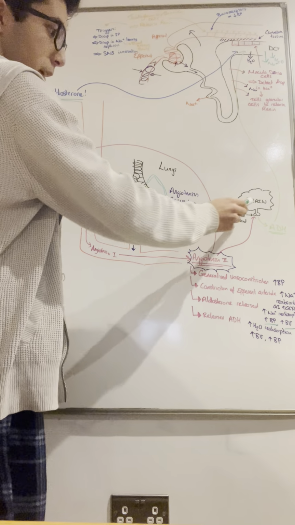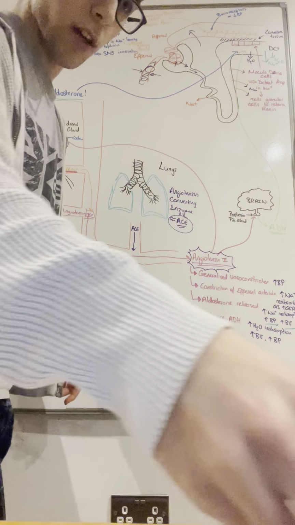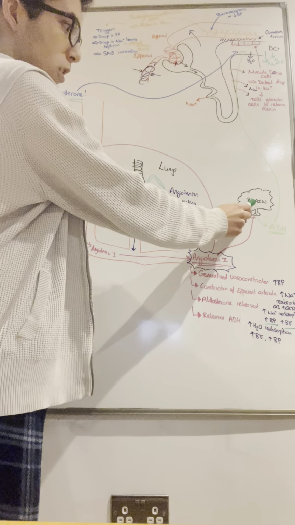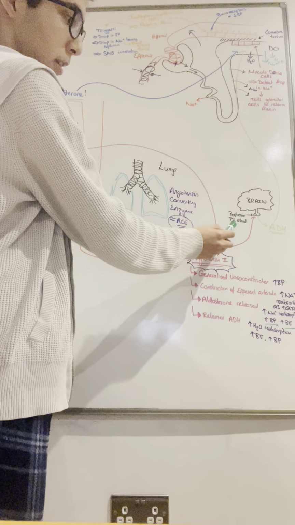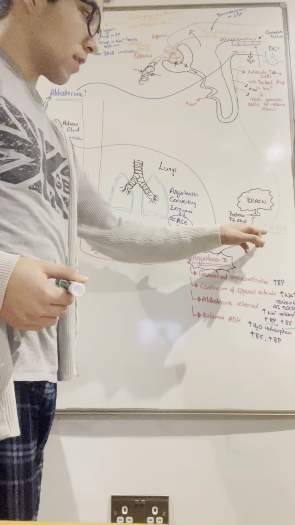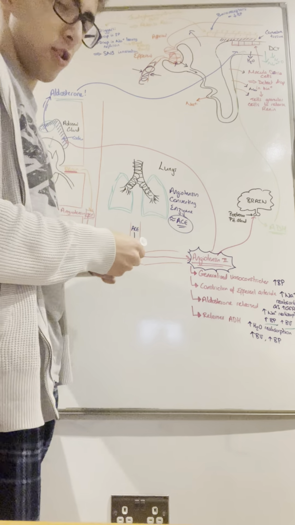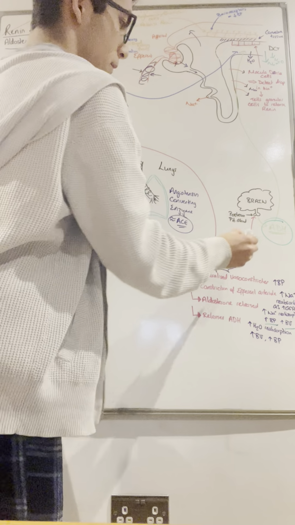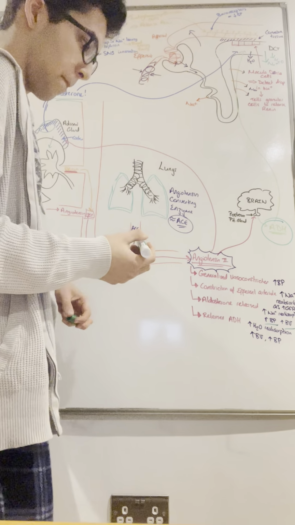Okay. Where else does the angiotensin go to? It goes to our brain. Okay. So when it goes to our brain, specifically our posterior pituitary gland, it stimulates ADH to be secreted. So we know what ADH does.